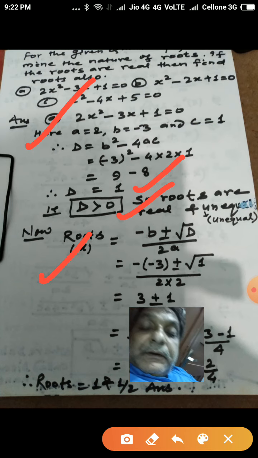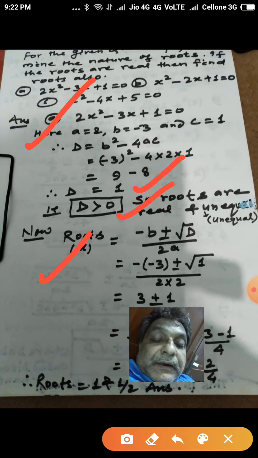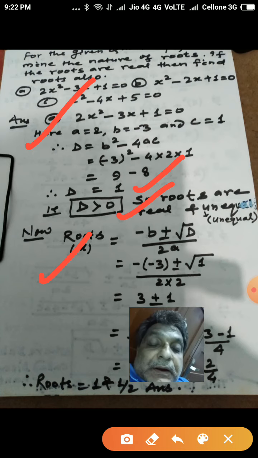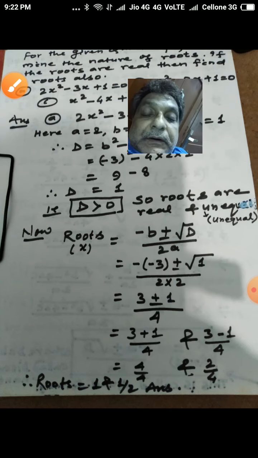Now we will find the roots, that is the value of x, by putting in the formula minus b plus minus under root d by 2a, which is the quadratic formula. So here it is minus of minus 3 plus minus root 1 by 2 into 2, and ultimately it is 3 plus minus 1 by 4.